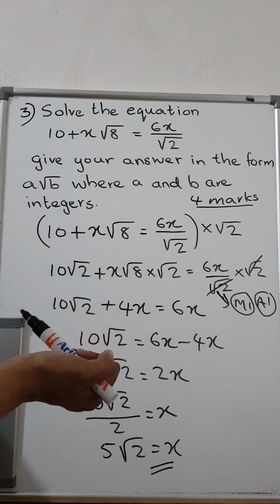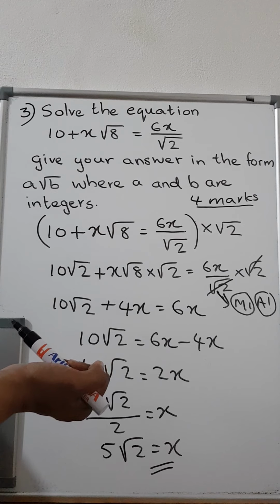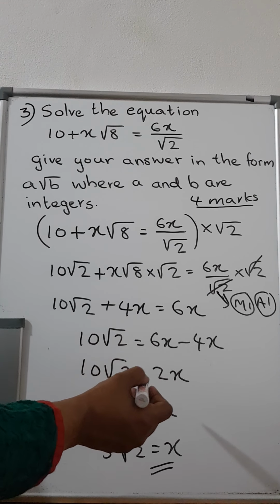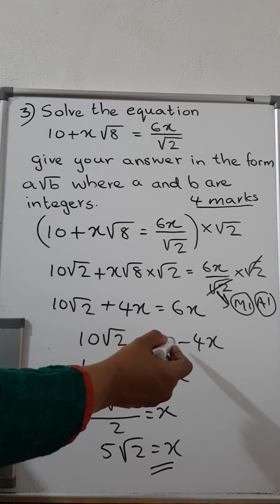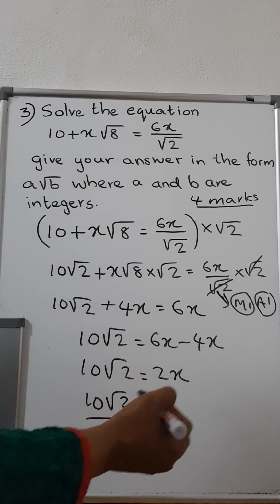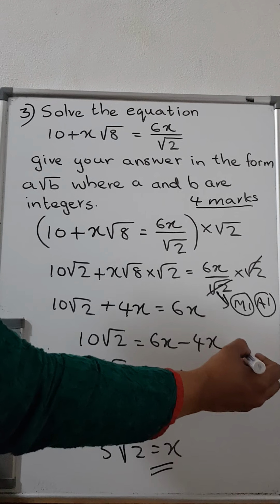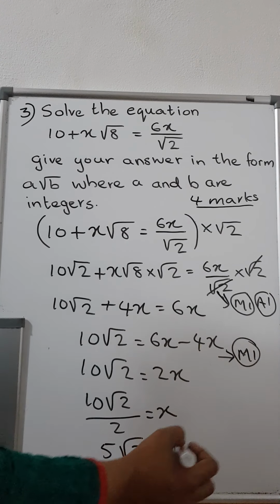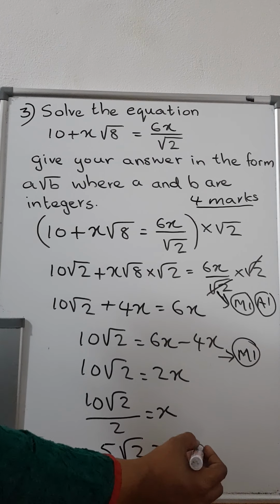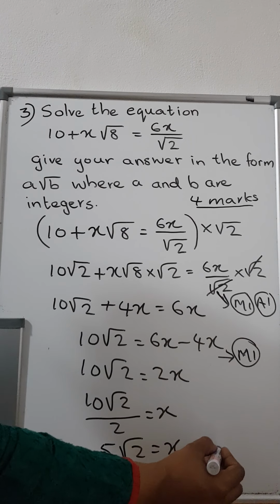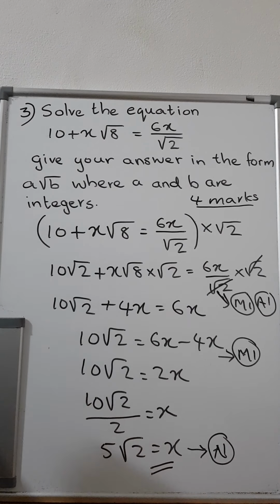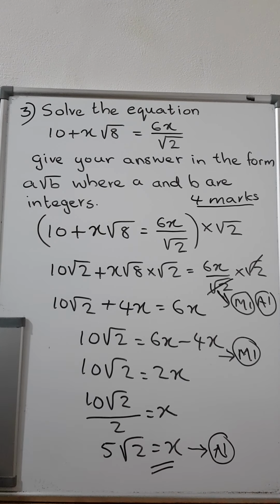Now you see the next part. For getting 2x is equal to 10 root 2, 6x minus 4x is equal to 10 root 2, there we are getting another method mark, that is for simplifying. Then for getting x is equal to 5 root 2, the final answer, we are getting an accuracy mark. So if we are writing all these steps, we will be getting all the 4 marks.